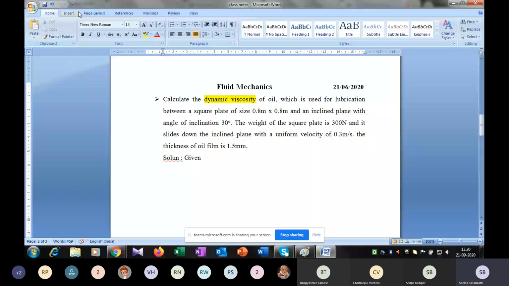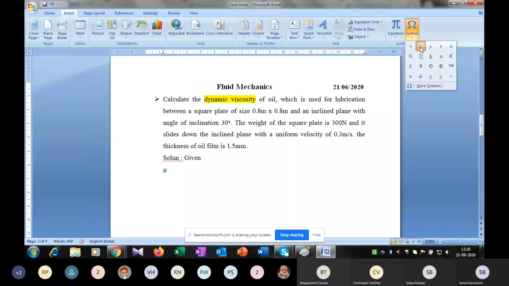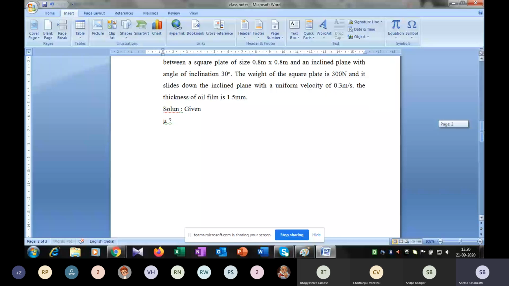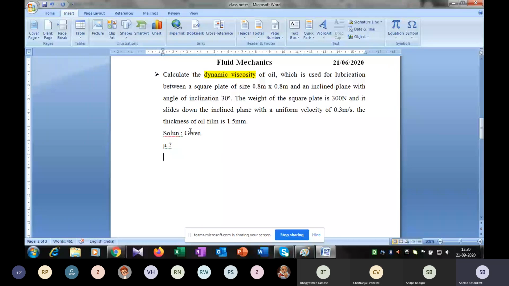Next, a square plate is placed there. What is the shape of the plate? Square. Okay, then what is the area of the plate now?